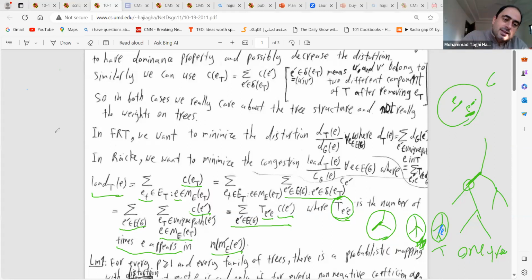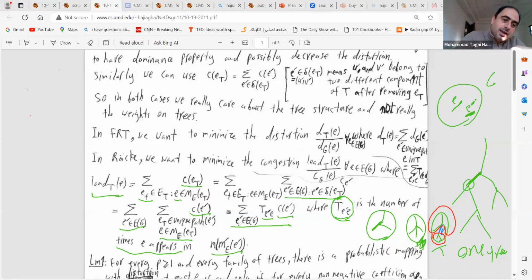So this tree T, these are essentially those edges. If you partition it to here, this edge E partitions this tree T into two sets of vertices, since this is a spanning tree. So who are these E prime?